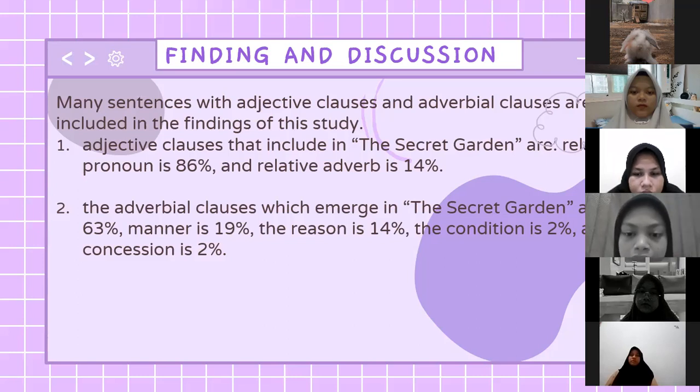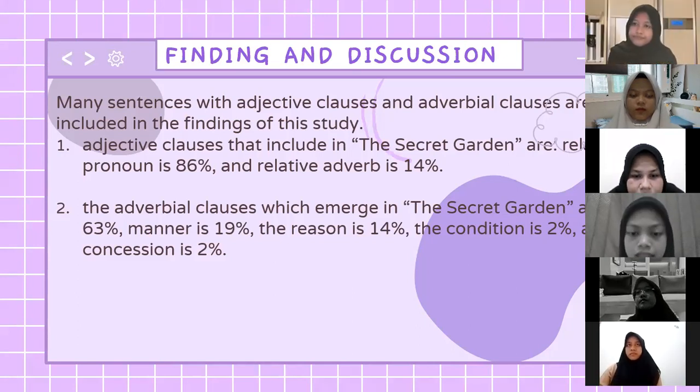Relative pronoun appears 86% of the time, the largest percentage, found when describing the main character or other characters. Relative pronouns are also preferred to describe things, such as a tree, a house, and other things.